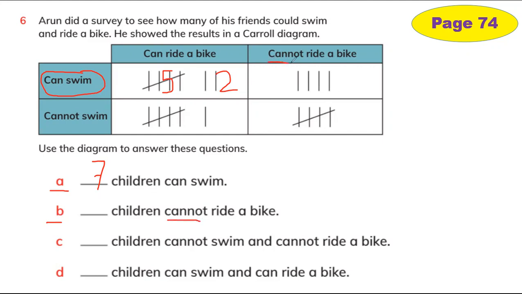Here is cannot ride a bike. So only 4 kids cannot ride a bike.